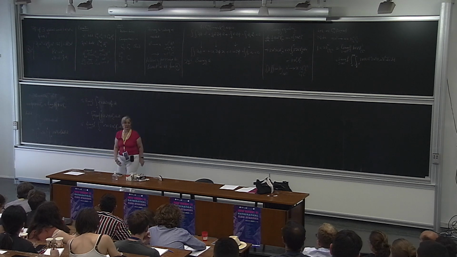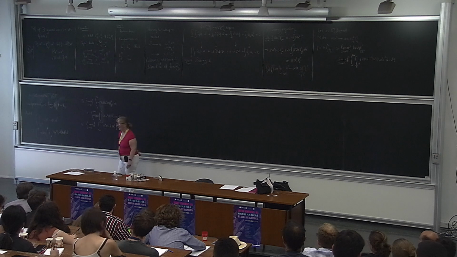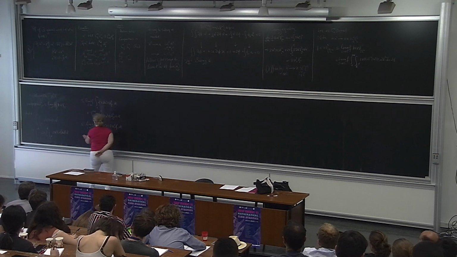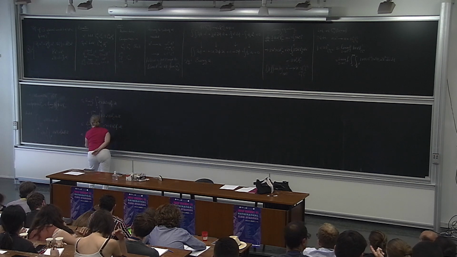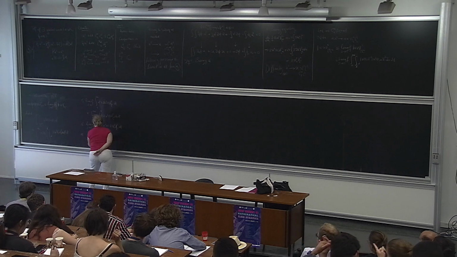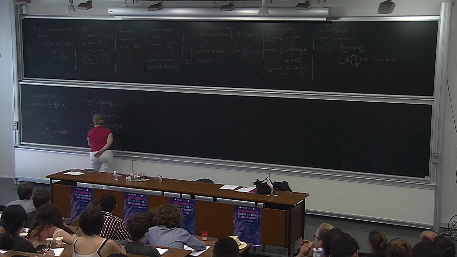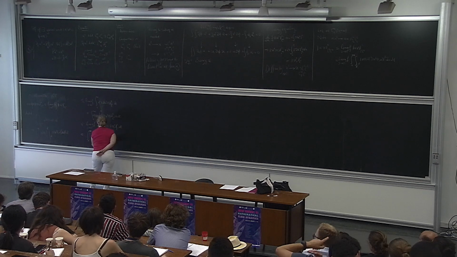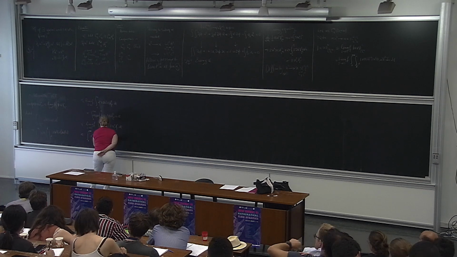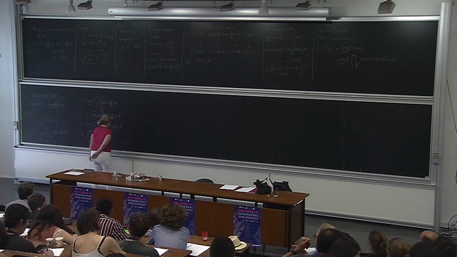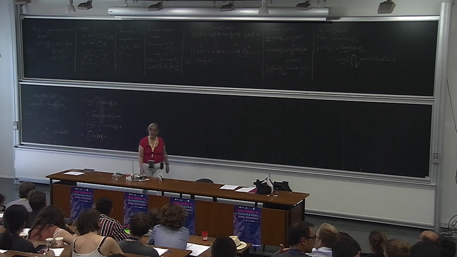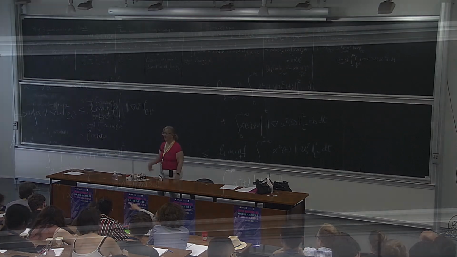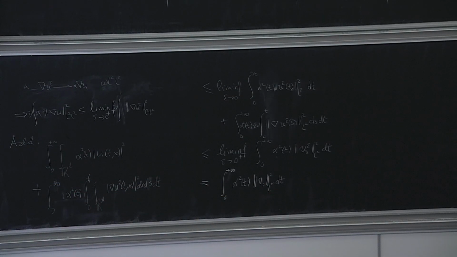It's a compactly supported C infinity function, so this is equal to the integral from 0 to plus infinity of alpha squared of t times the L2 norm squared of u naught dt. So that's true for any alpha which is C infinity compactly supported.